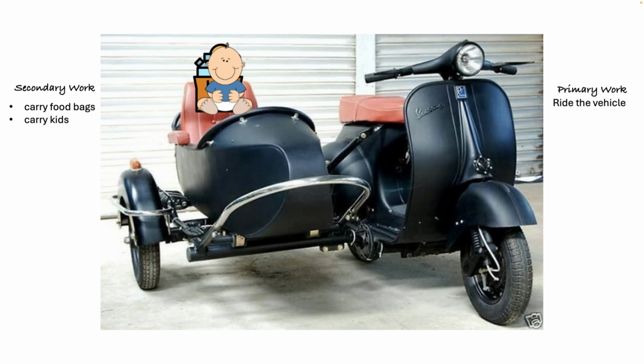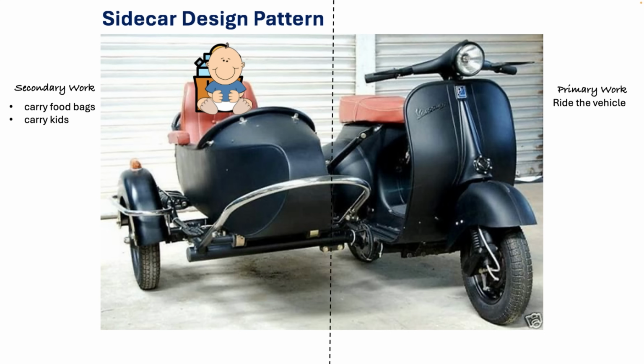And how do I segregate these two tasks? By just adding a sidecar, which helps me to keep these tasks separate and organized. This is exactly what the sidecar design pattern does. It separates the primary task from the secondary one by giving each task its own space to focus.